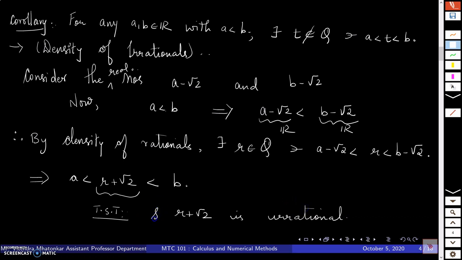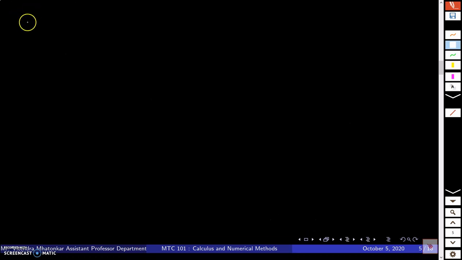Let's say S. I'll define this to be S. Again, we will go by contradiction. We will assume that, let if possible, suppose S, which we have defined to be r plus root 2, is a rational number.